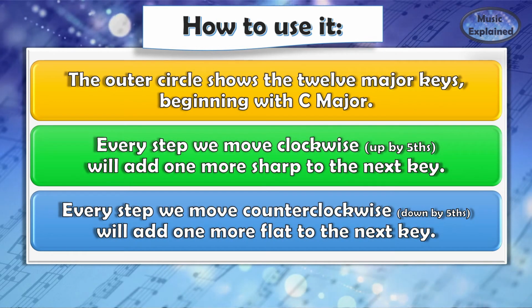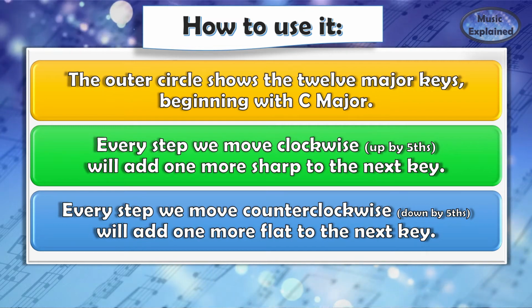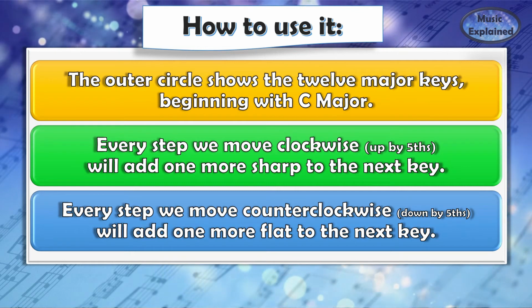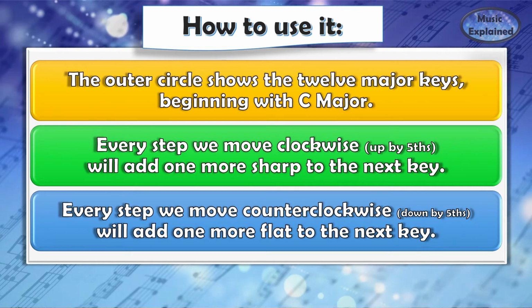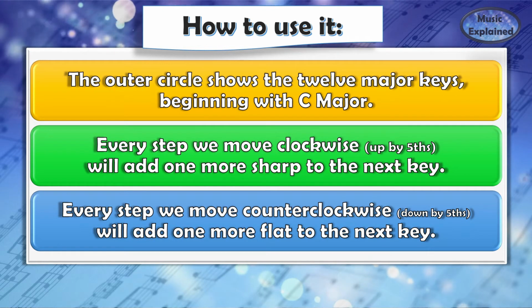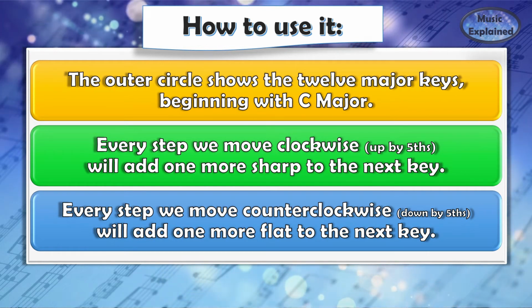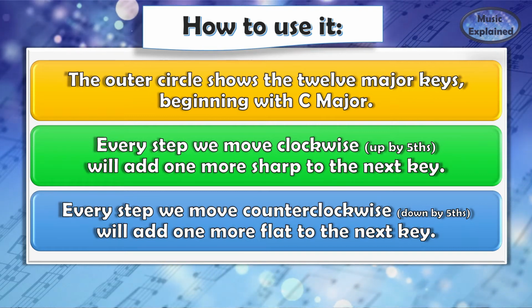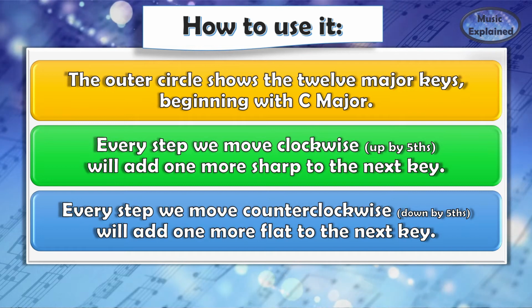The outer circle shows the 12 major keys, beginning with C major. Every step we move clockwise up by fifths will add one more sharp to the next key. Every step we move counterclockwise down by fifths will add one more flat to the next key.